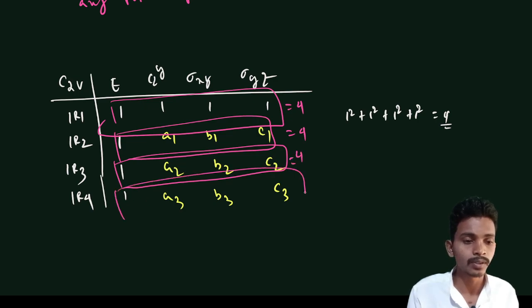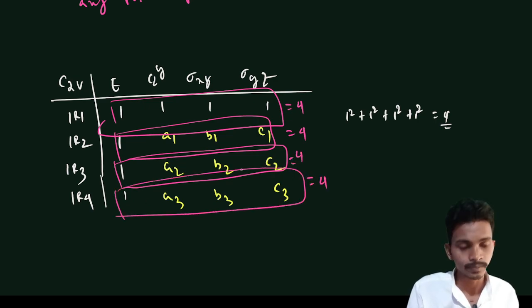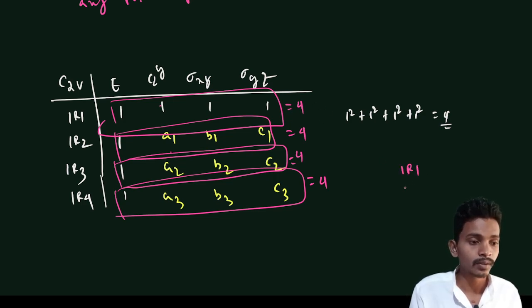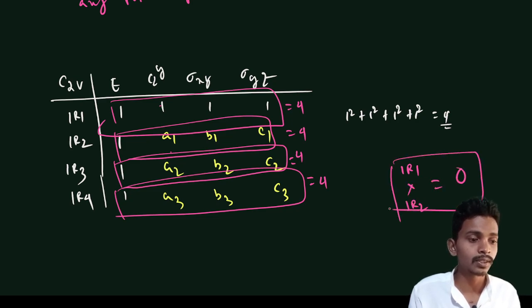And if I multiply IR1 into IR2, the characters multiplied, then the product should get 0.